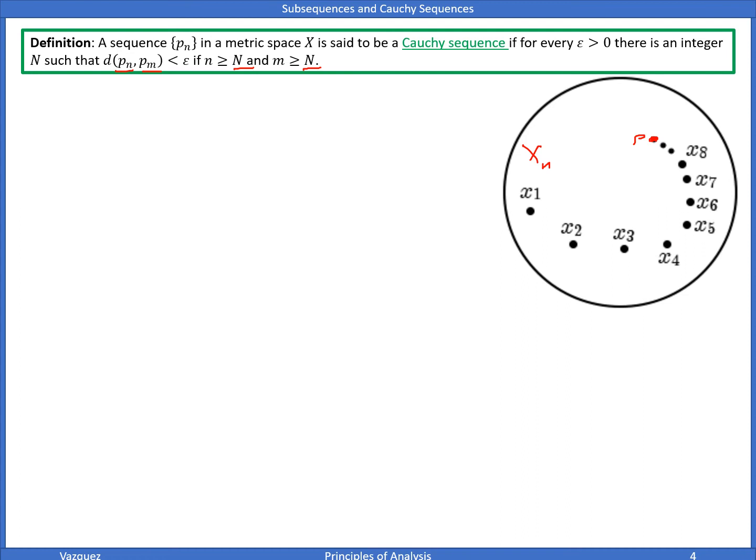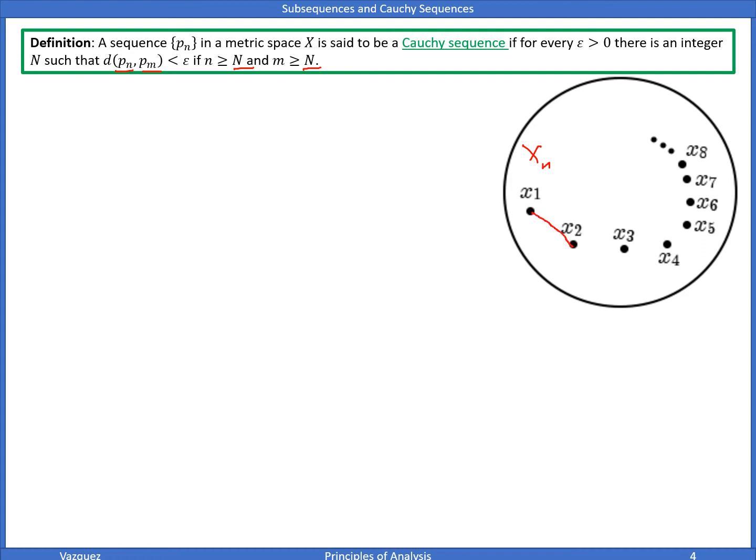I should say that in our discussion of Cauchy sequences, the following geometric concept is going to be useful. So here, let's see the geometry of a Cauchy sequence.